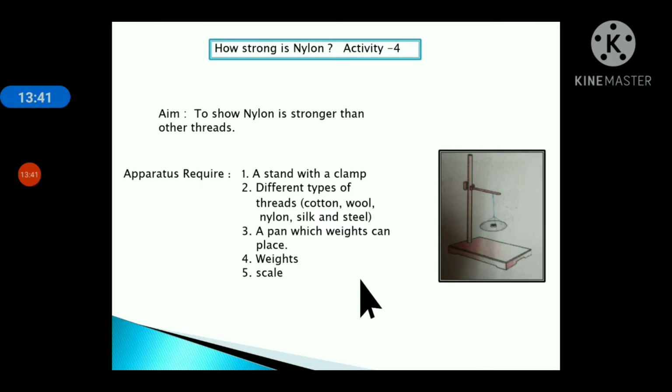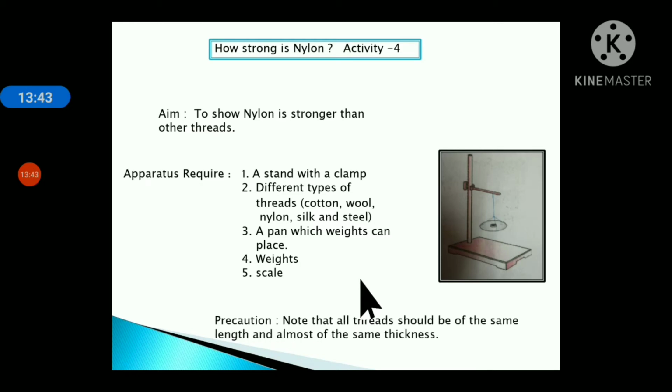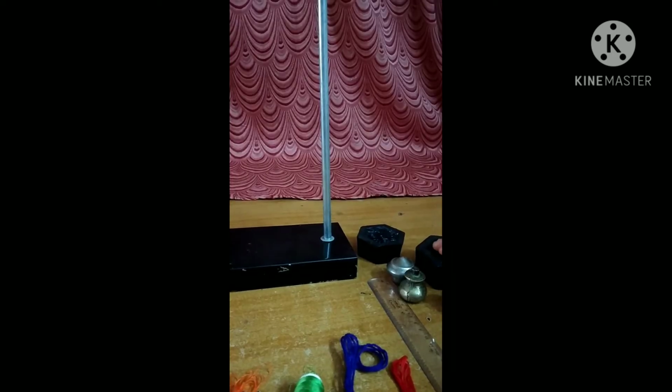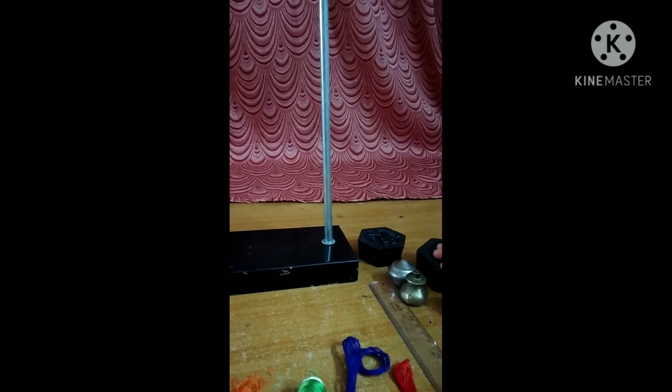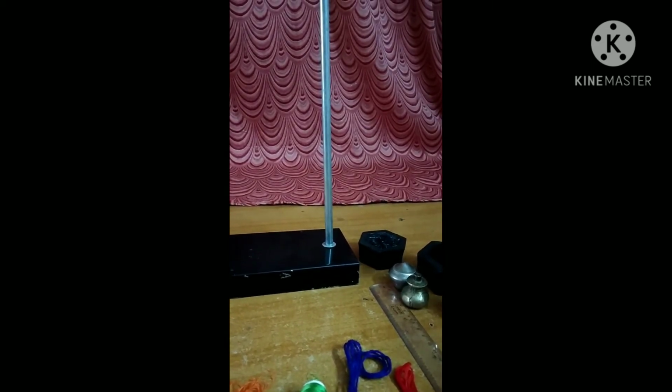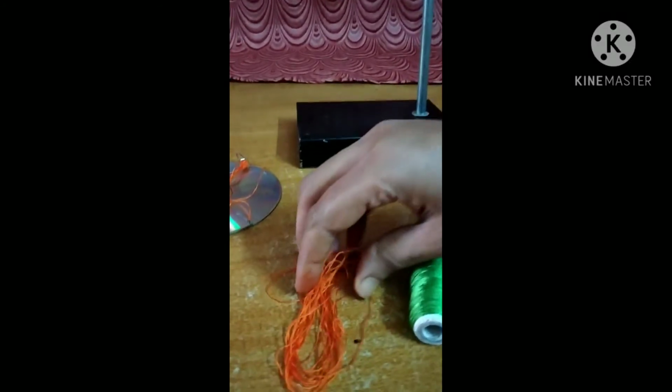The precaution is that all threads should be of the same length and almost the same thickness, so check with the scale.